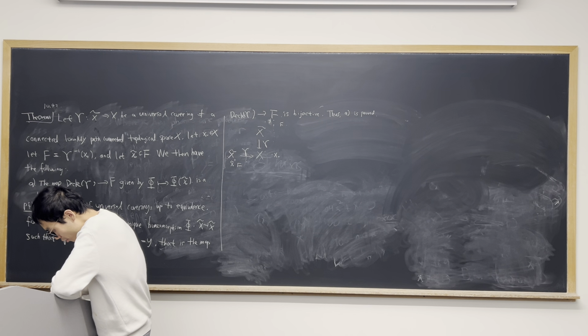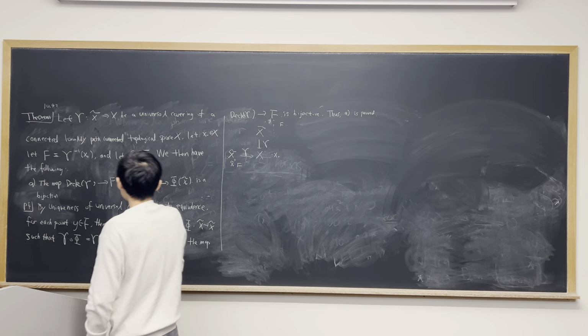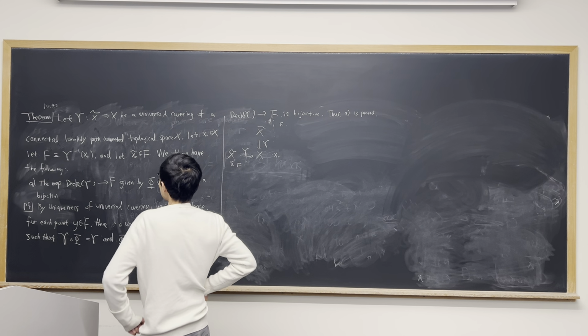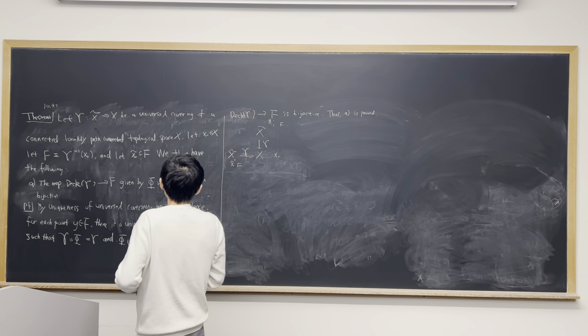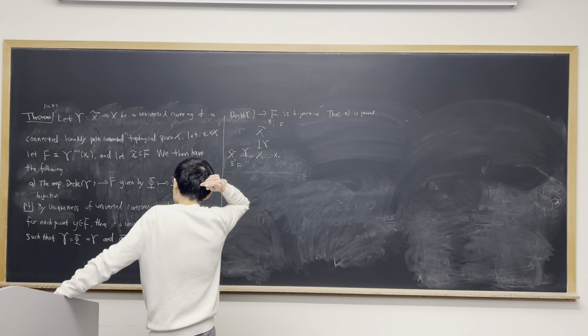Okay, I think it's corollary 10.2.6, right? Yes. So this is corollary 10.2.6. So basically, this X is connected and locally path connected, and then this X tilde and X tilde are also connected, right?